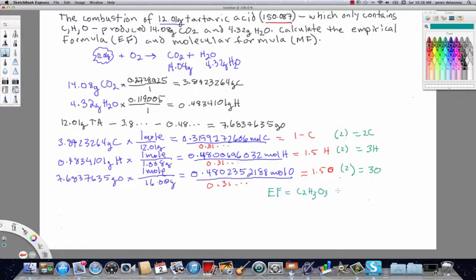So in order to do that, we're going to be taking the ratio of the molar mass of the molecular formula divided by the molar mass of the empirical formula. Okay, and when we do that, we should get a whole number. All right, and we're going to use that whole number to multiply through the empirical formula in order to get the actual chemical formula of tartaric acid.